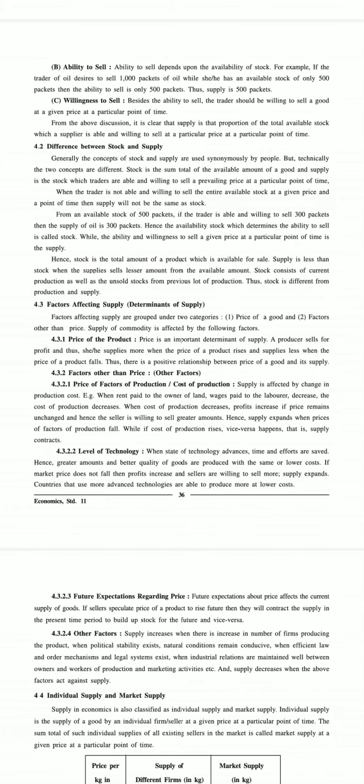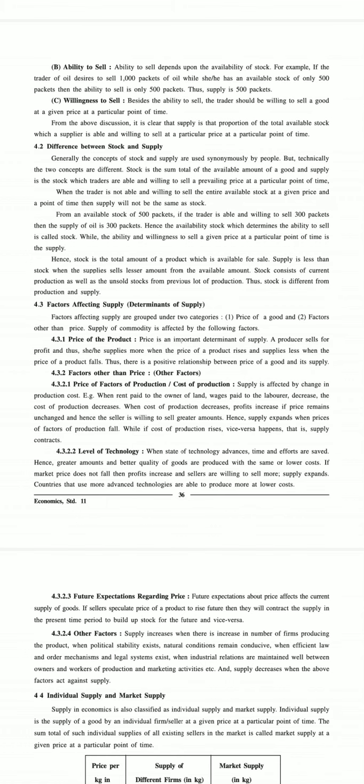Now talking about factors other than price, the very first one is the cost of production. Supply always gets affected by the cost of production, because whenever a particular price is determined for any commodity, the one thing that is kept in mind is the cost of production.